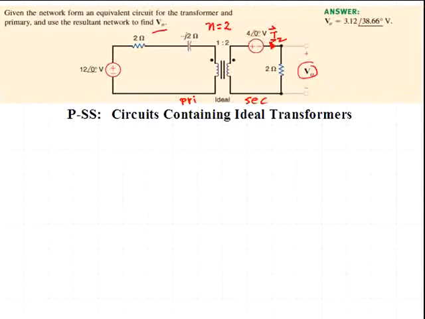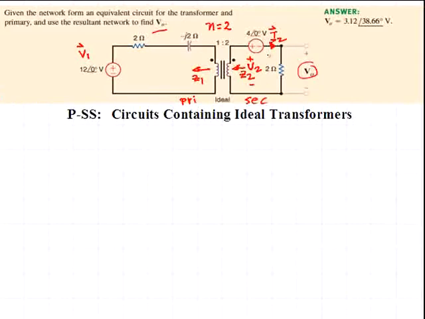Let's label this voltage source on the primary side V1, and we'll have an impedance seen looking back into the primary side, Z1. Looking into the secondary side of the transformer, we'll have the impedance Z2, and likewise a voltage V2 across the terminals of the transformer on the secondary side.